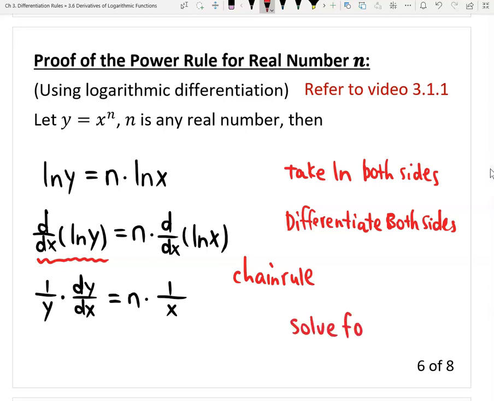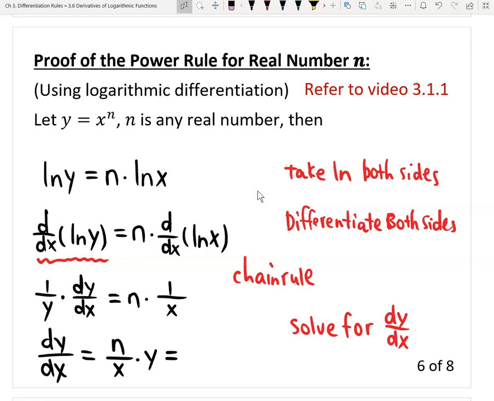We just solve for dy/dx. This is the last step, right? Okay, so we're going to solve for dy/dx. Just times y both sides, right? So I get dy/dx, which is the derivative of this power function, equals what? The fraction n over x times y. And then I plug y back. What is y?